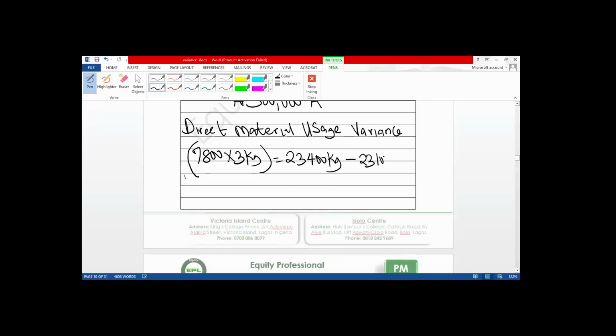When you get the difference, multiply by the standard material price per kg, 500. Please work this out.